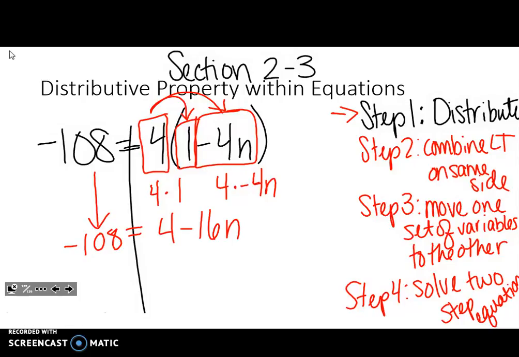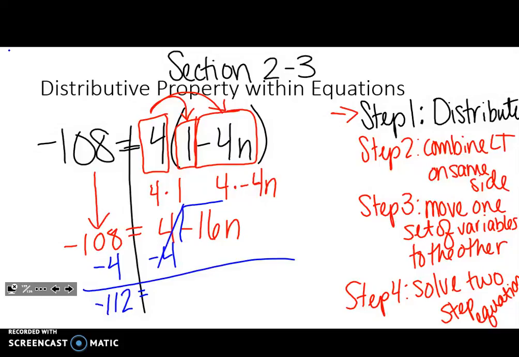So we're going to solve this problem. So we're going to subtract the 4 to the other side to get negative 112. We still have a negative 16n. We're going to divide both sides by negative 16 to get n equals 7.